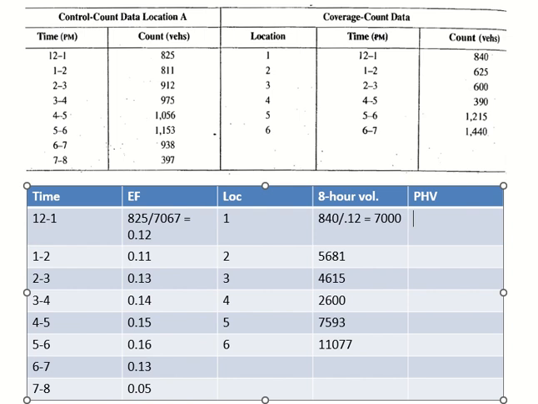Okay, so for location 1, the total is 7,000 and the factor for 5 to 6 will remain the same. It's for the entire network, which is 0.16. So how much is that? 1120.